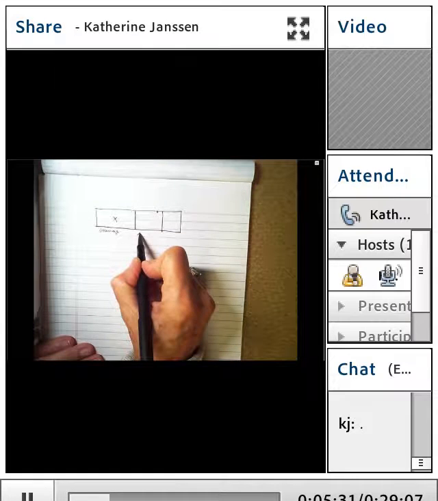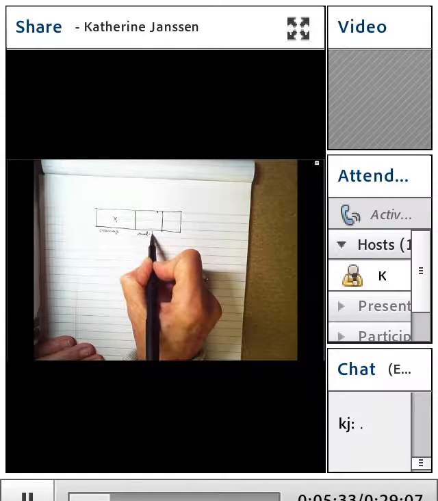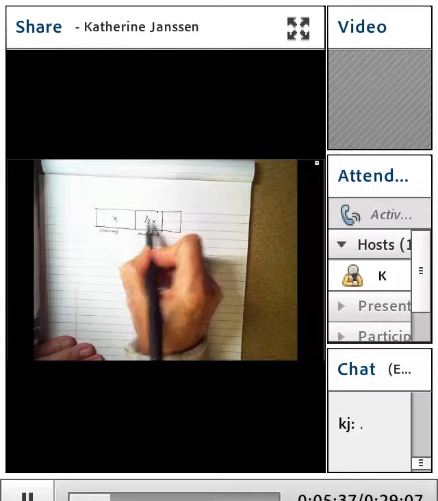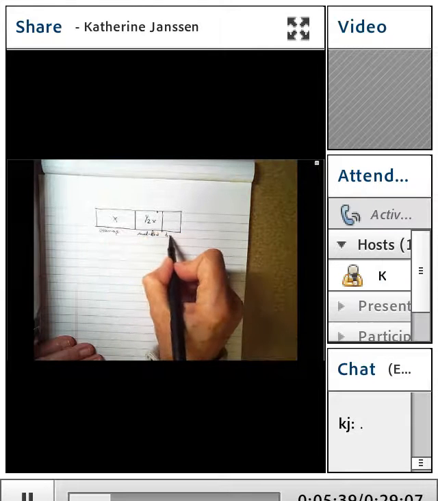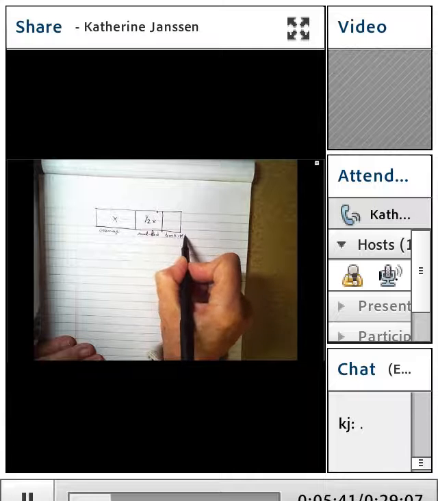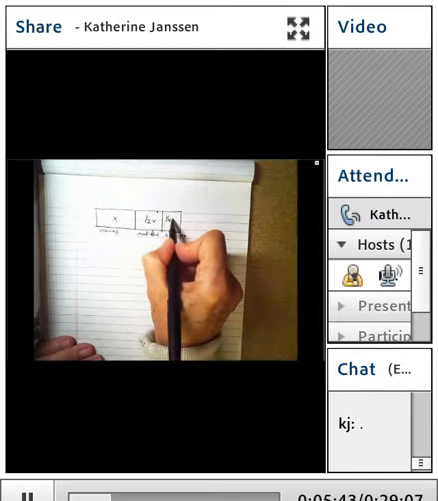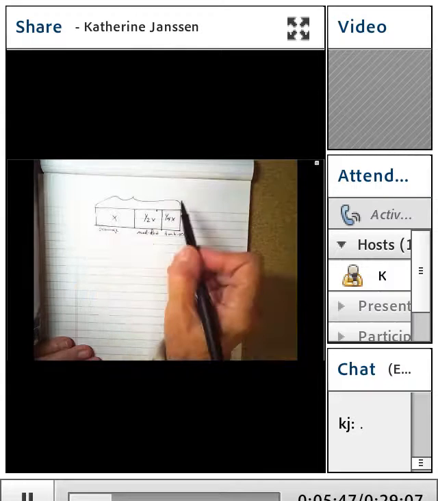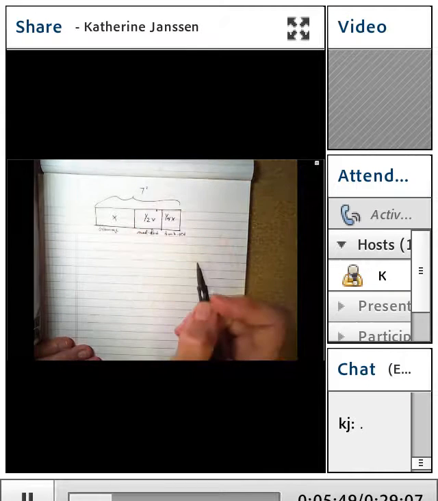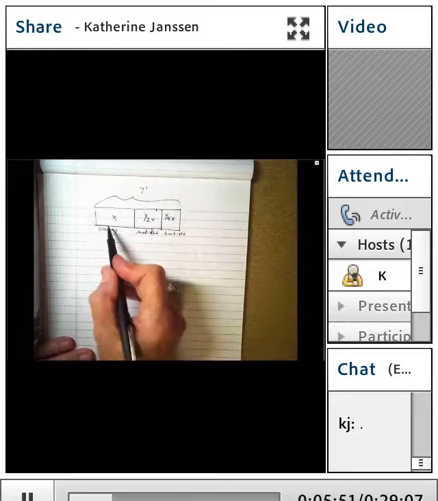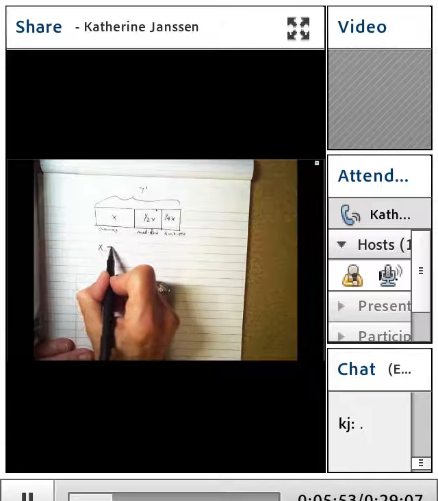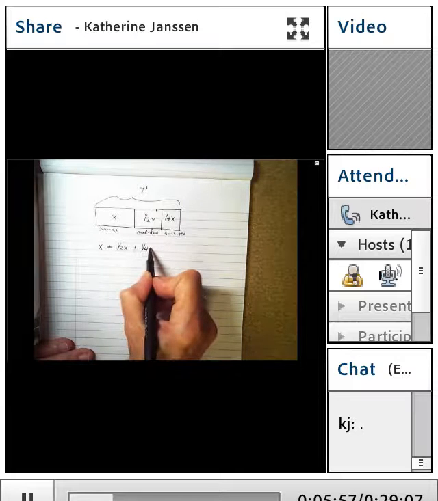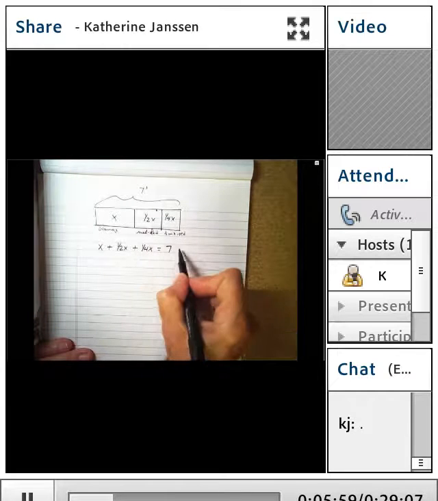Here's a medium red section, and it was 1/2 the length of our orange section, and the dark red section was 1/4 the length of the orange section. And the total length is 7 feet. So if I add my sections, the orange section plus the medium red section plus the dark red section, it should equal our total of 7 feet.